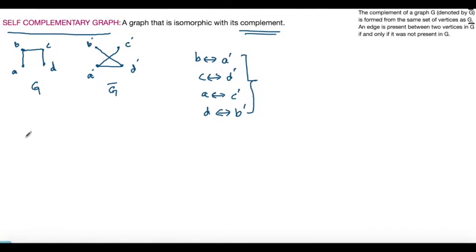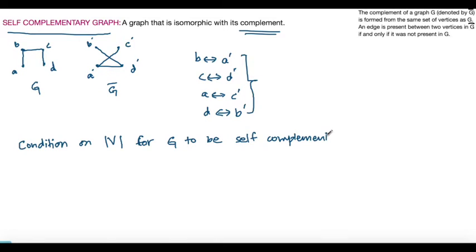Now, an interesting question: we have to find a condition on the number of vertices V for G to be self-complementary. Here V denotes the cardinality of the set of vertices.